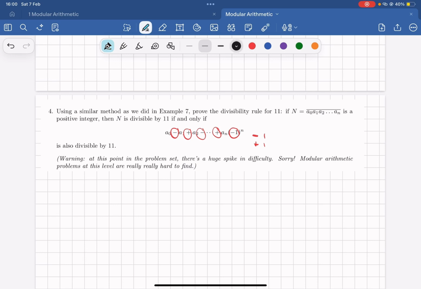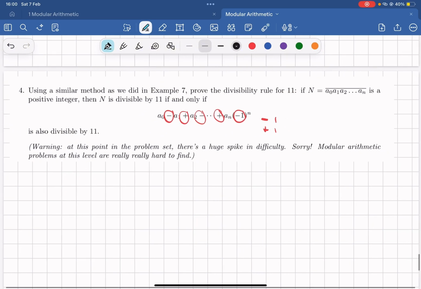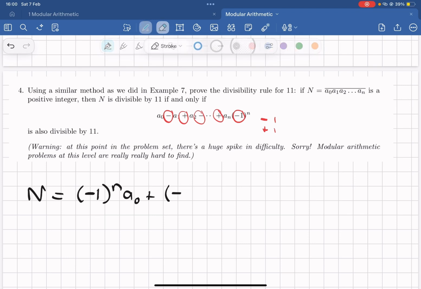So let's write out what n actually is. We're told it's a0, a1, a2, up to an, so let's separate each digit. So n equals, well, no, sorry, 10 to the n is how many digits there are, right?